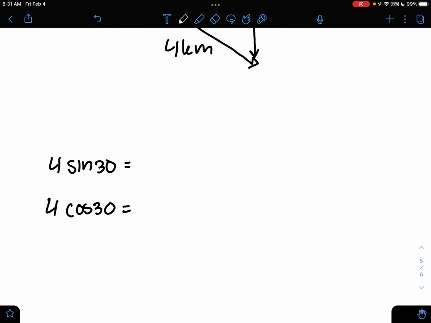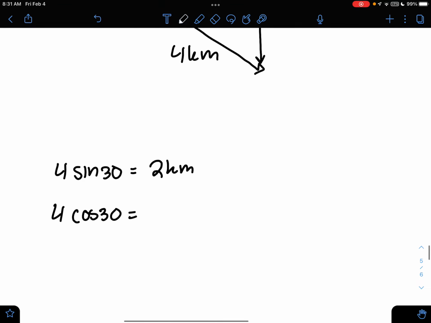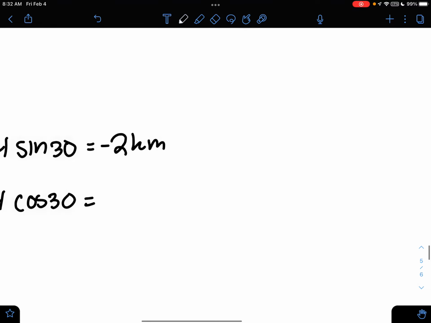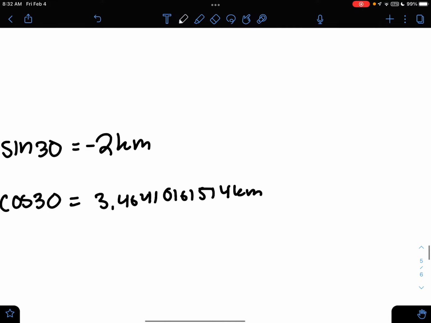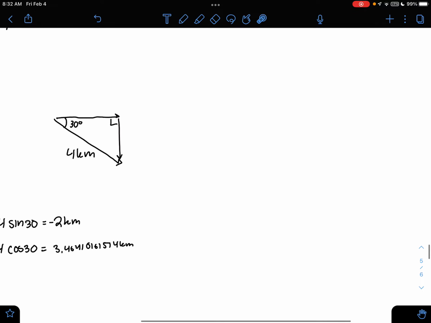So north, it's going to be 2 kilometers, but we're going down, so it's going to be negative 2 kilometers, right? I'm going to say that south is negative for this. All right, and then in our east direction, it's going to be roughly 3.46410161514 kilometers. All right, and that's still positive because we're going to the east, right?